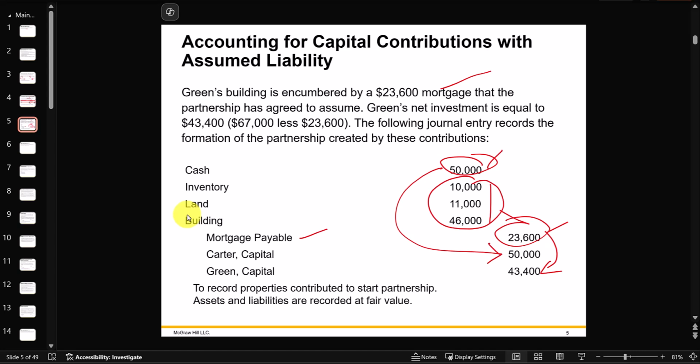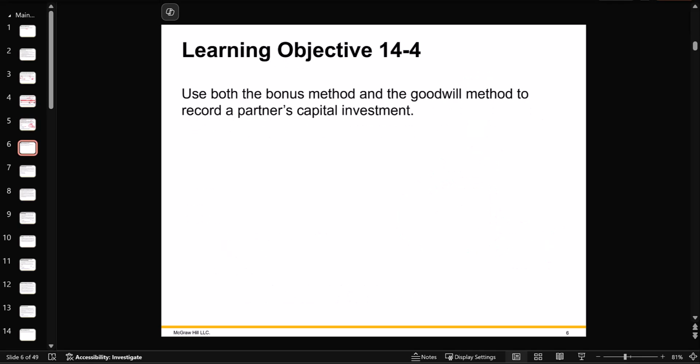Or even, let's say, Green, because of this big investment, gets a little bit more in the profits of the partnership. So almost like paying that partnership rent, even though he or she doesn't own that land anymore. So when you form a partnership, you may need to motivate one of the partners to become a partner because that partner is bringing more than their cash, more than the identifiable assets being contributed, something of intangible value.